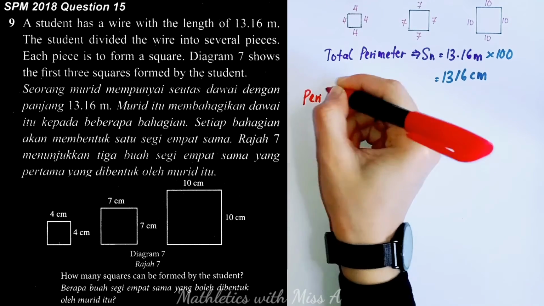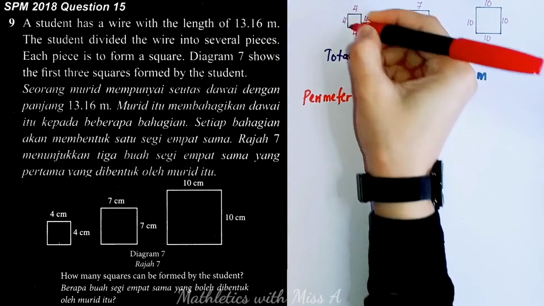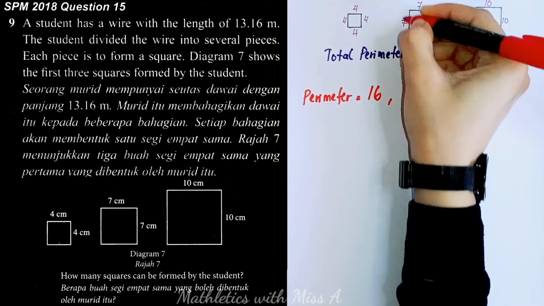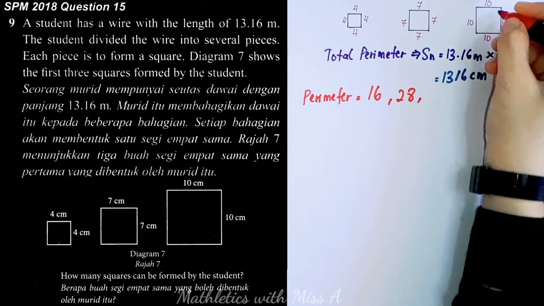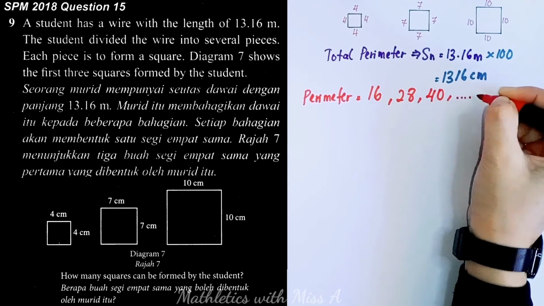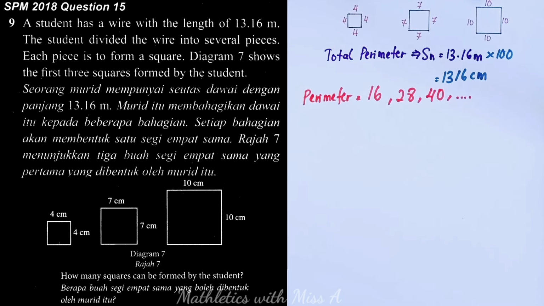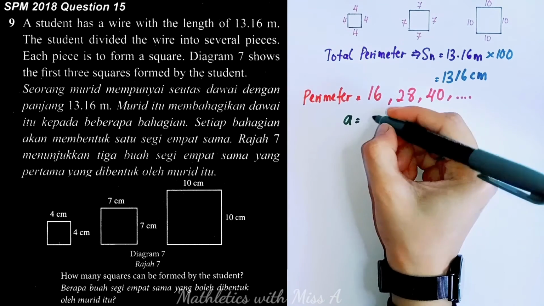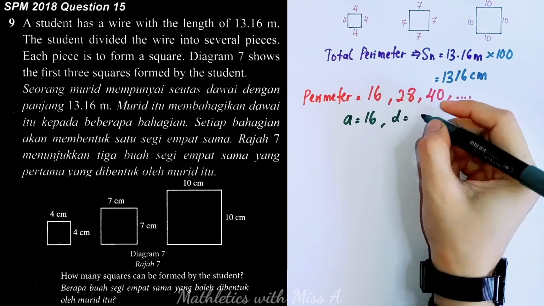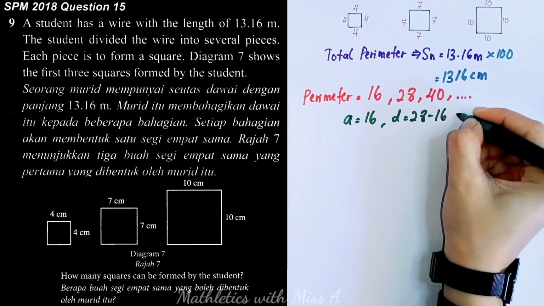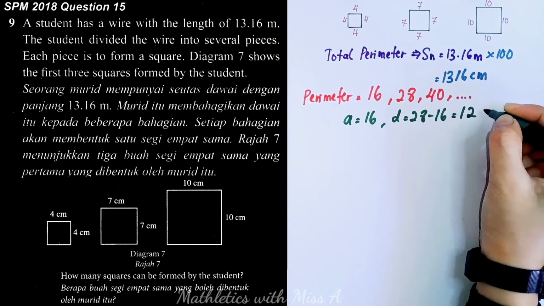So find the perimeter. The first square is 16, the second square is 28, and the third square is 40. So find the first term and the common difference. So a equals 16 and d equals 28 minus 16, so d equals 12.